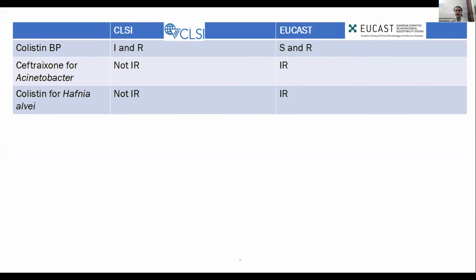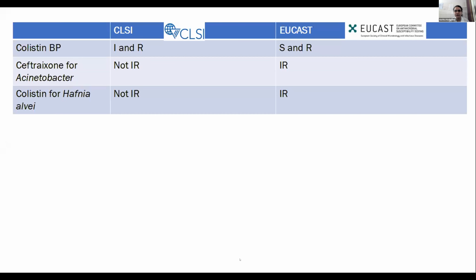And coming to the other differences, the colistin breakpoint, we previously discussed the question. In CLSI, they have intermediate and resistant breakpoints, but in EUCAST, they have only susceptible and resistant. And one more important thing, ceftriaxone for Acinetobacter is not given as intrinsic resistance in CLSI. According to CLSI, ceftriaxone can be reported for Acinetobacter.